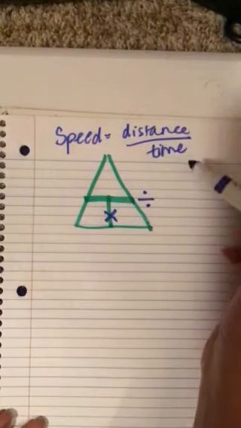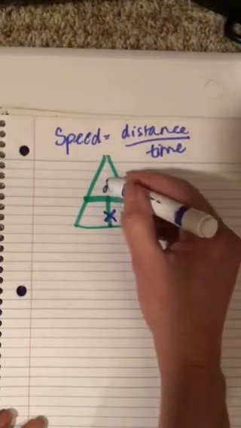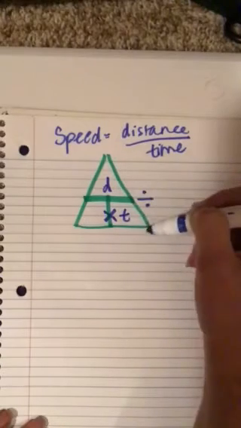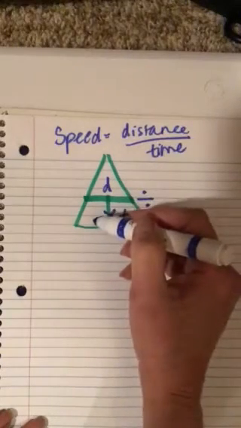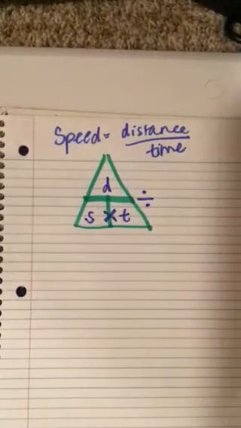So in the formula we have these two that are divided, so that means that distance and time would have to go between top and bottom because they're divided in the formula, and that leaves one area here, and we're going to put speed in there. So that's how to set up our formula triangle.